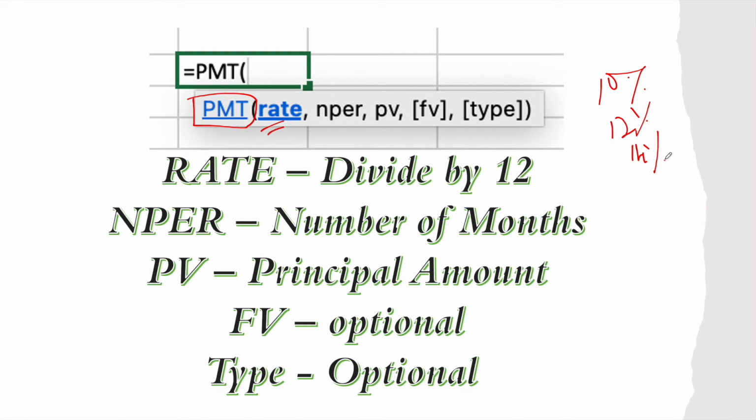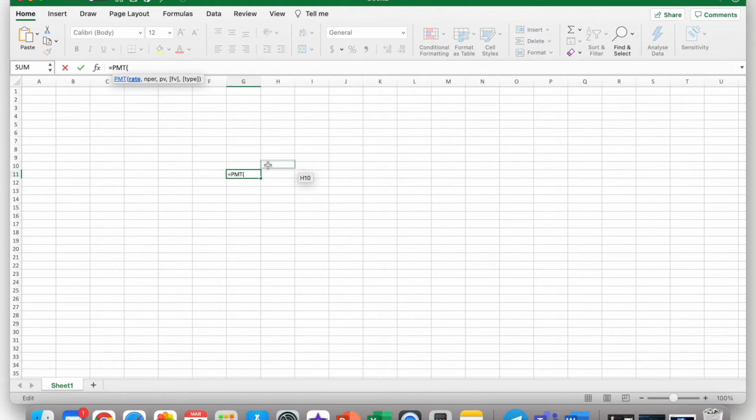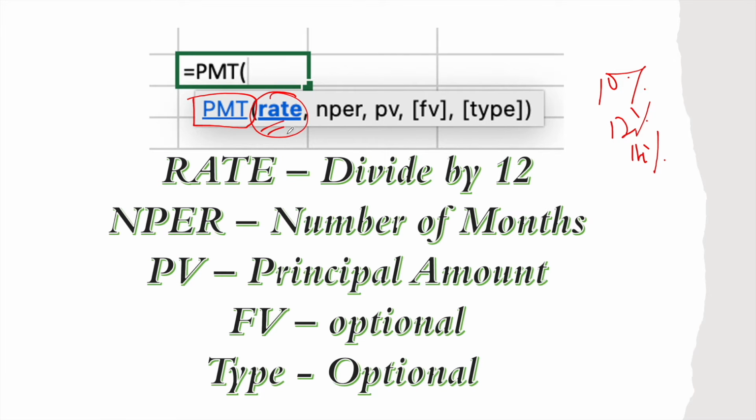Assuming for our example that the loan you have taken is at 14%, so this is the loan rate. Now in this rate parameter, what you have to do is simply divide it by 12 to come to a monthly rate, not your annual rate.